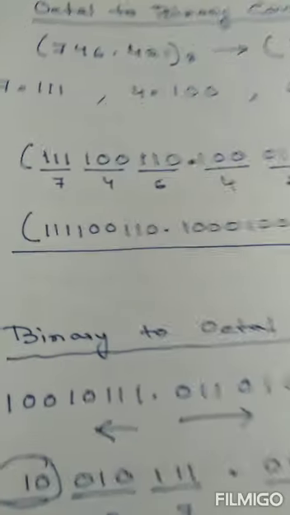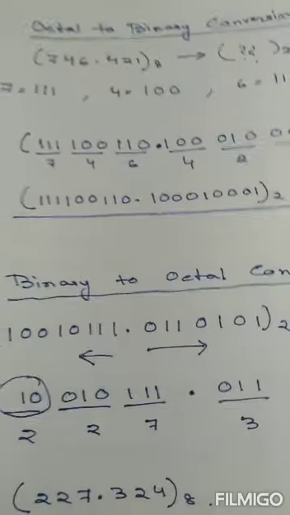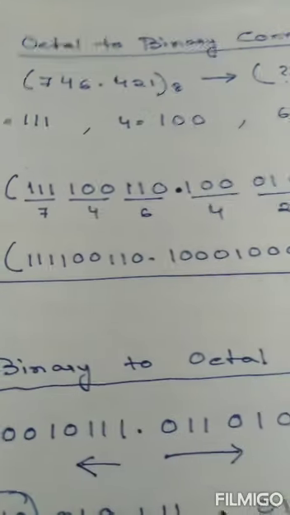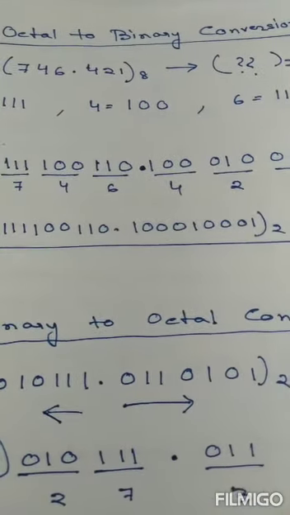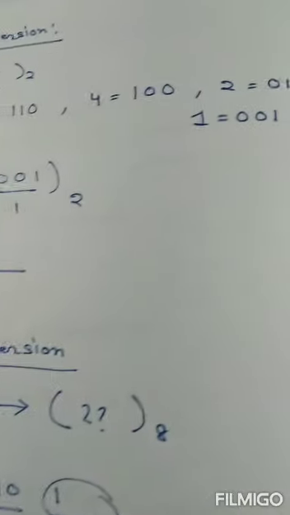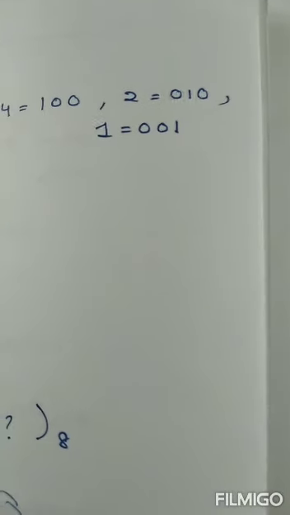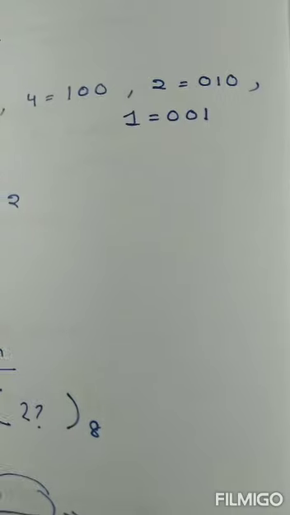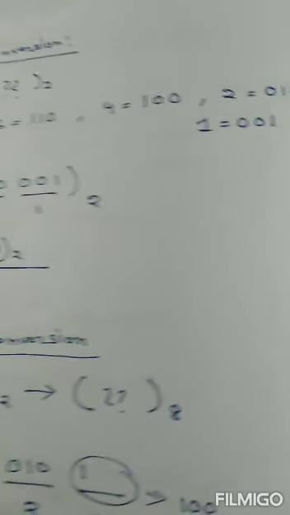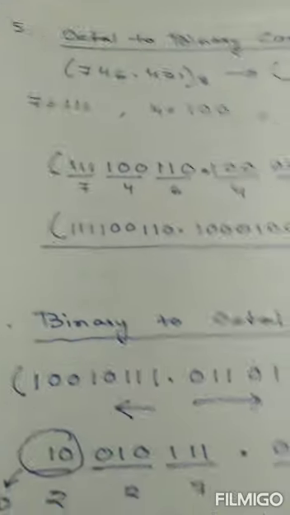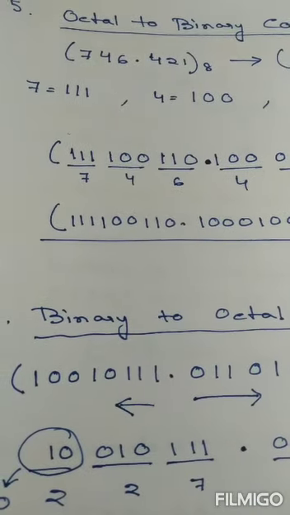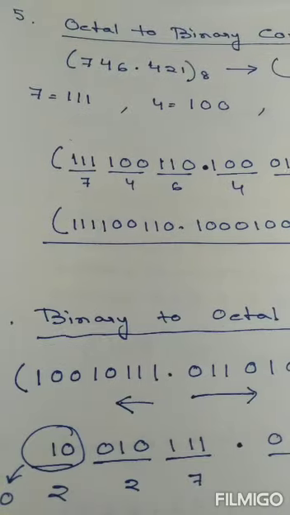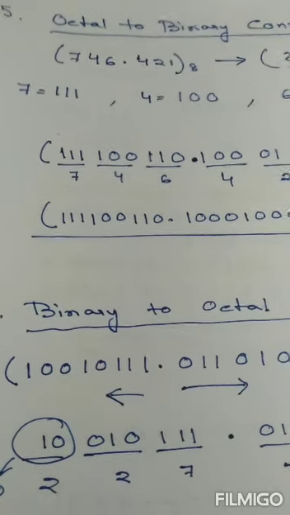That is, first 7. 7 means 111. 4 means 100. 6 means 110. Then 4 means 100. 2 means 010. 1 means 001. Again I repeat, you represent each digit with 3 bits in the case of octal to binary.